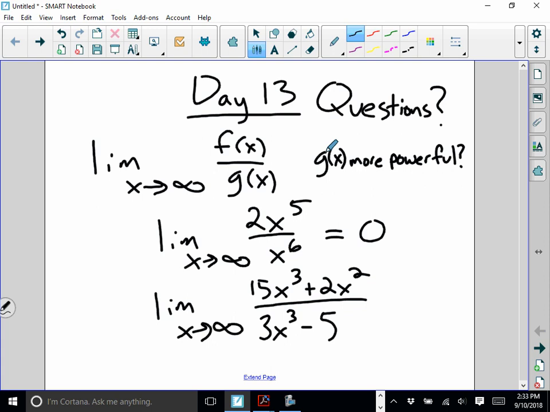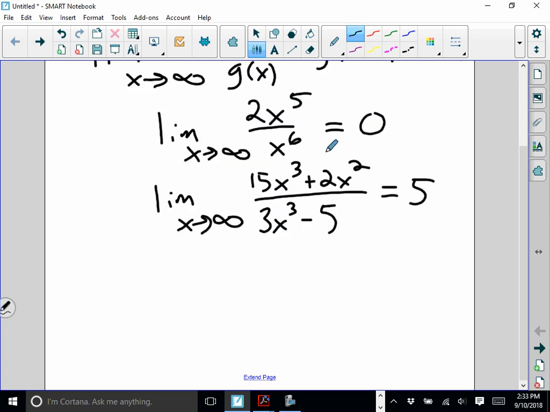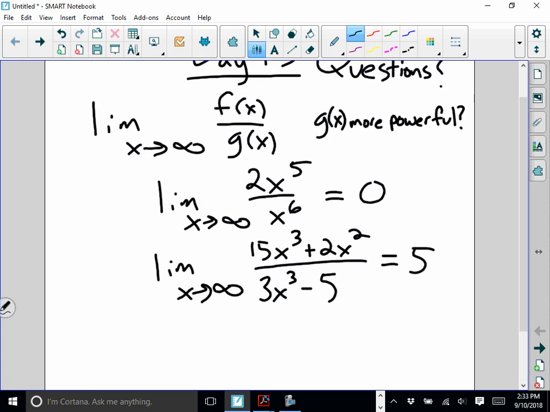When we have this, we look at the ratio of the coefficients on our more powerful terms. So our answer would be 15 over 3, or 5. So this one would be an example of g of x and f of x having the same power.